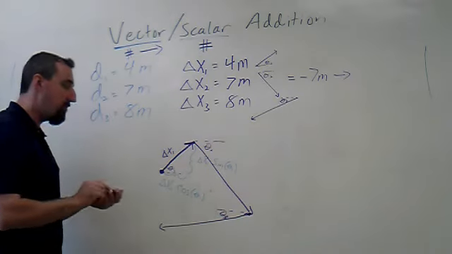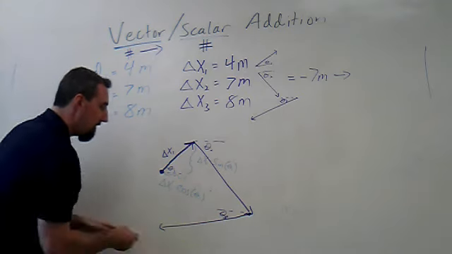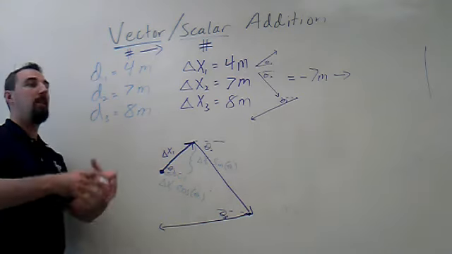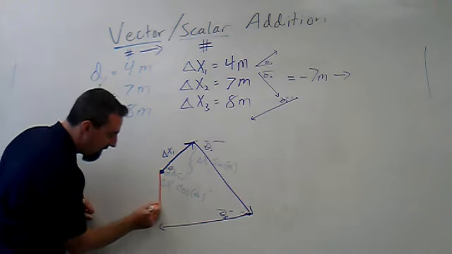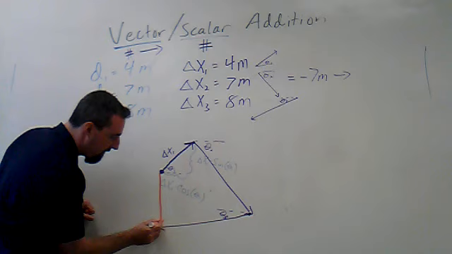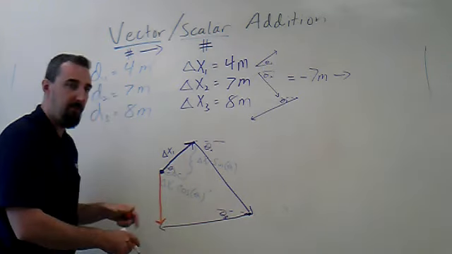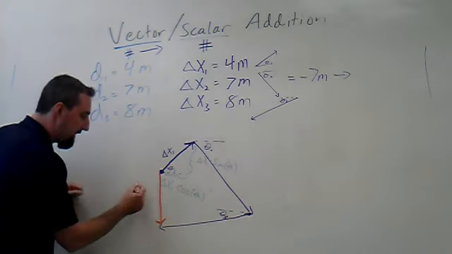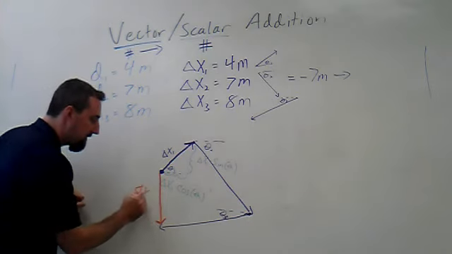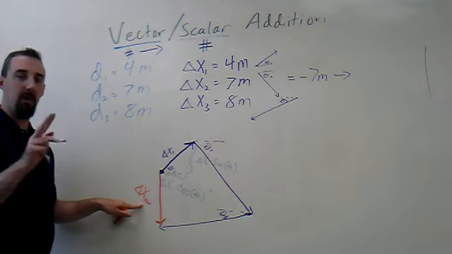In fact, what we would do is, if we really wanted to figure out what we call the resultant vector, the kind of net displacement, which was this starting point to that ending point, which in this picture happens to look perfectly vertical, but that's just a coincidence. Here's my total displacement. Let's call this delta x total. In order to find that, I need two things.